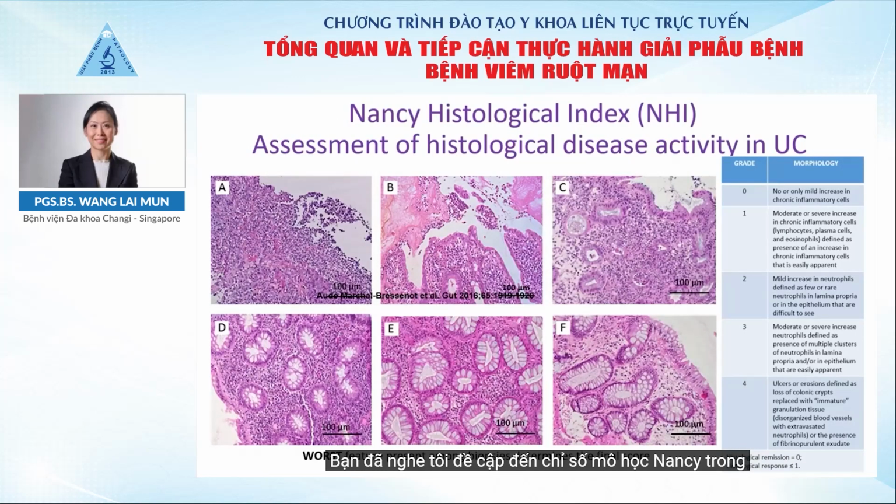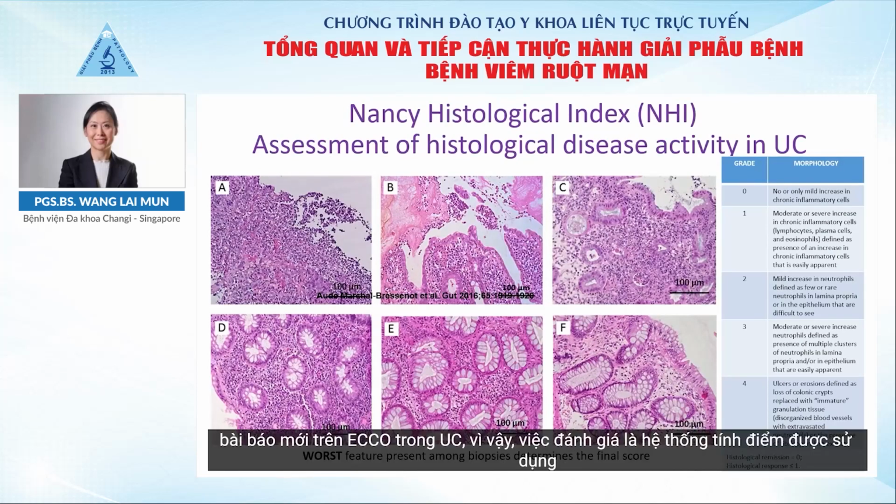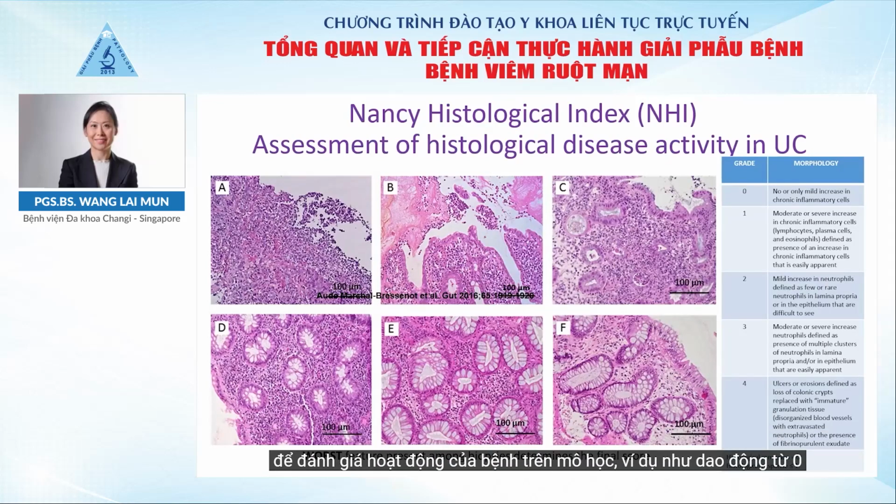So you have heard me mention the Nancy histological index under the new ECCO position paper on UC. It's a scoring system used in the assessment of histological disease activity. It ranges from 0, no or mild increase in chronic inflammatory cells, that would be a score of 0.